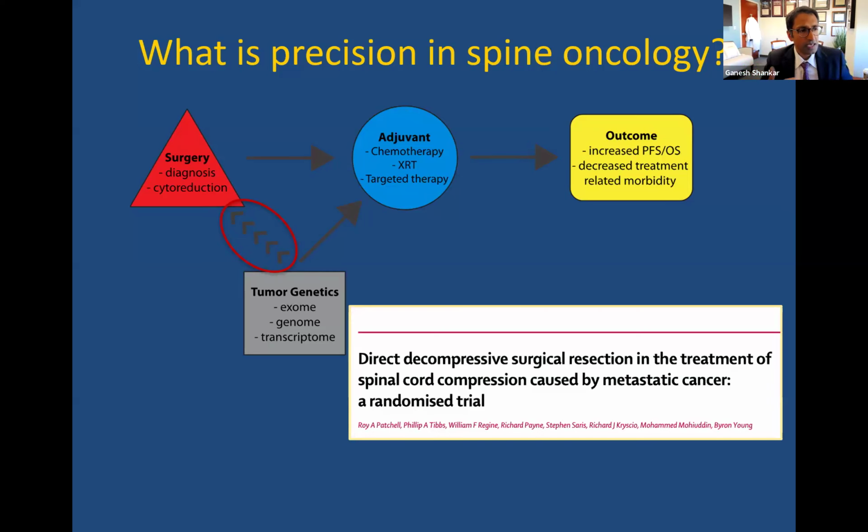It's really hard to discuss anything in spine oncology without paying homage to one of these foundational studies that was published many years ago, but still is quite foundational in terms of how we approach spinal cord compression, whether it's from metastatic or even primary disease processes, primary bone tumors, which is this Patchell study that indicated that patients who had a decompression followed by radiation had a longer functional status that was preserved than patients who just had radiation therapy alone.